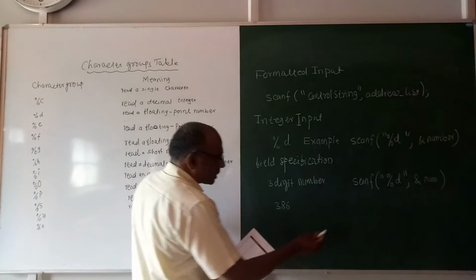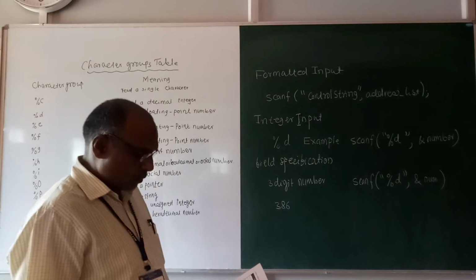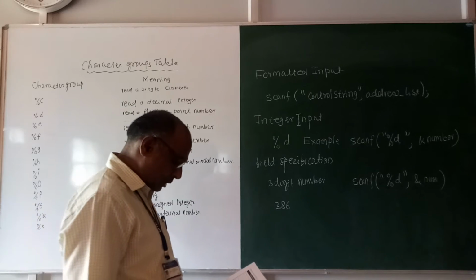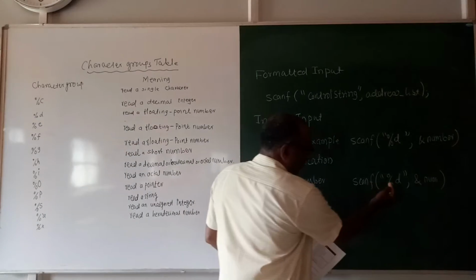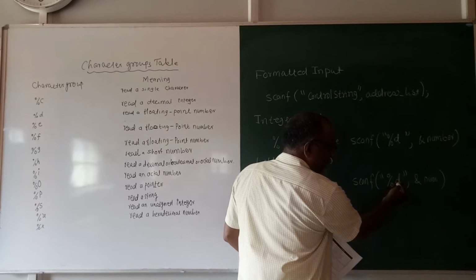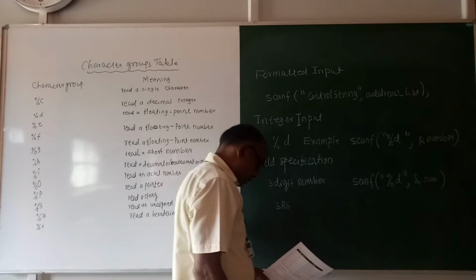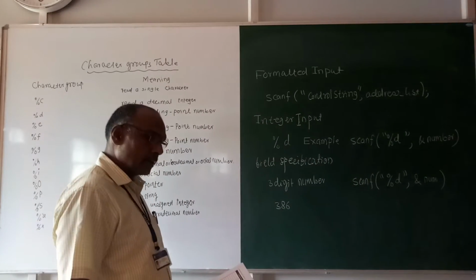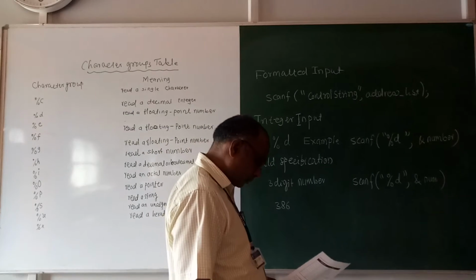So here the converting character d for a decimal integer is used in the control string. This is used in the control string of scanf, the formatted input function.